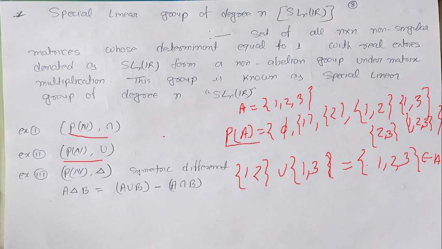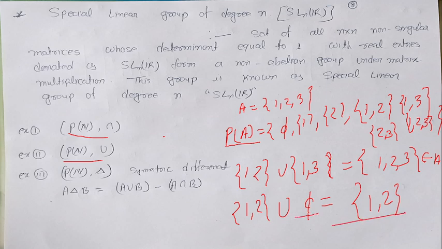If you talk about identity, then {1,2} union phi: because this is union, {1,2} is there, so the identity element exists. But there is no inverse element that provides you the identity element.